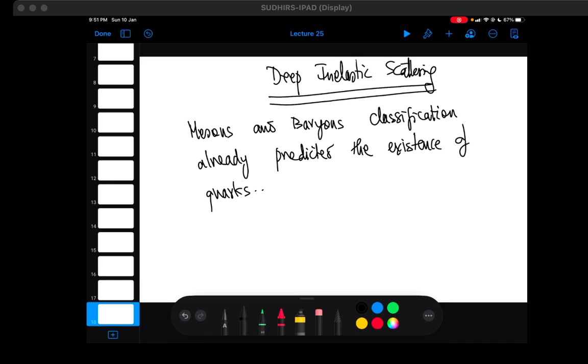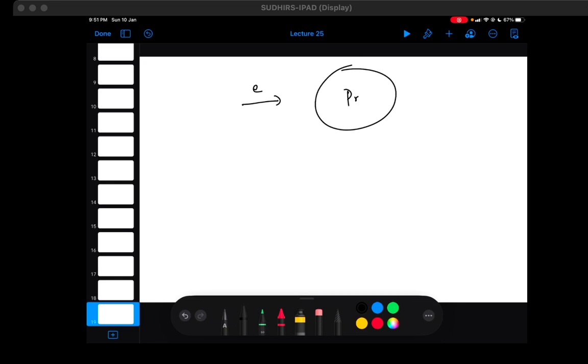So what is deep inelastic scattering? It is essentially the scattering of an electron on a proton. Now for low energies, this is just electron-proton scattering.